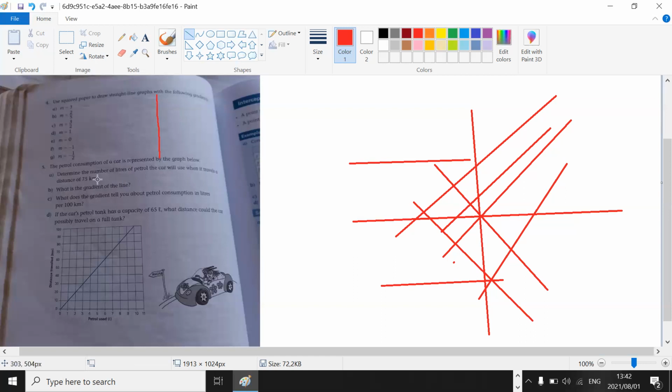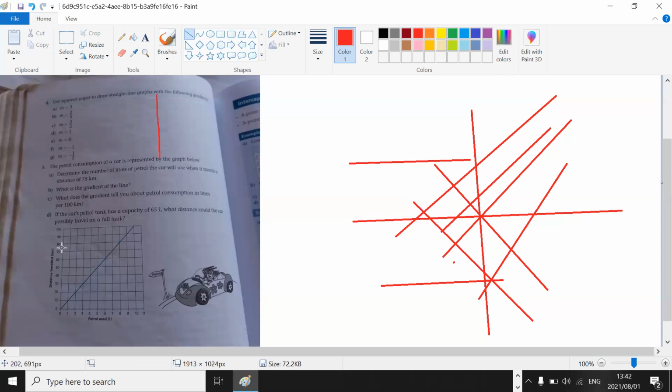Remember, the petrol used, which is in liters, is on the x-axis. And on the y-axis, we have the distance traveled, which is in kilometers. So we are told that this has traveled 75 kilometers. We must go and check where we have 75 kilometers.